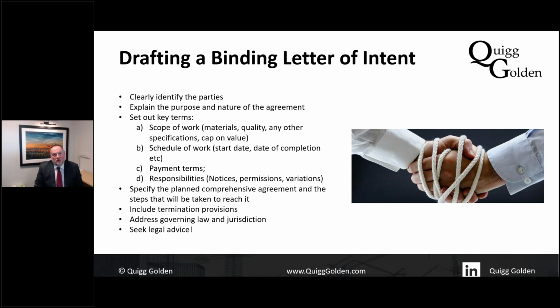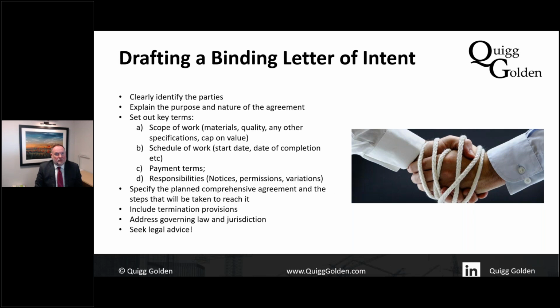And then it has to set out the key terms. What is the scope of the work? And very important there is having a cap on the value. But what is it? Is it just the groundworks? Is it ordering advanced materials? If so, what materials? It's also important to set out requirements in relation to the quality of the works.